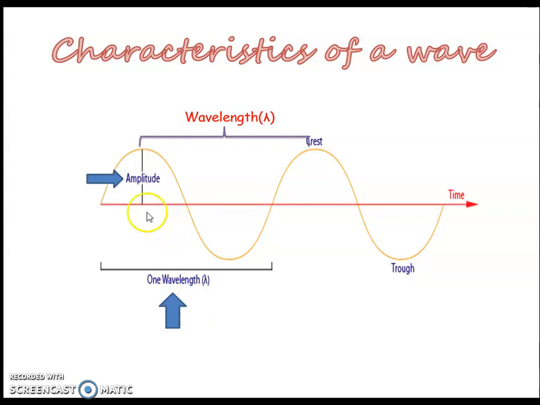It is calculated by the distance between the crest and the rest position, or the trough and the rest position. In spectroscopy, wavelengths are expressed in a variety of units: millimeter, centimeter, micrometer, nanometer, angstrom, etc., depending on the region from which the wave propagates.